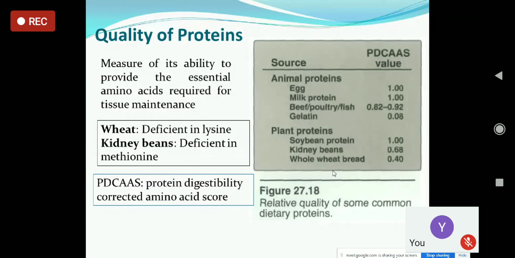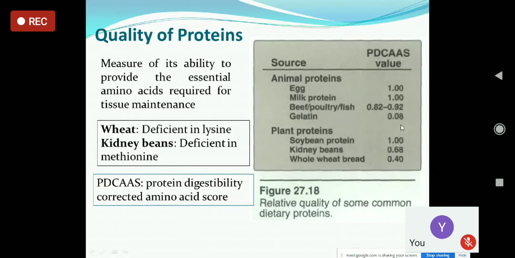So when you see this, egg has 1, and it is the highest possible score under these guidelines. Similarly, milk protein also has 1, beef and poultry have 0.82 to 0.92, and from the plant proteins, soybean protein has 1, kidney bean 0.68, whole wheat bread 0.4.